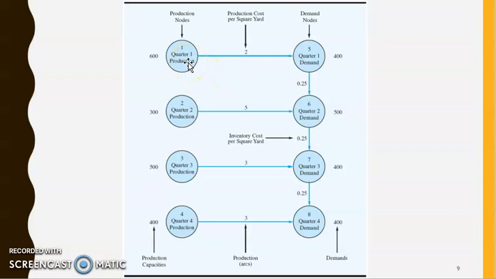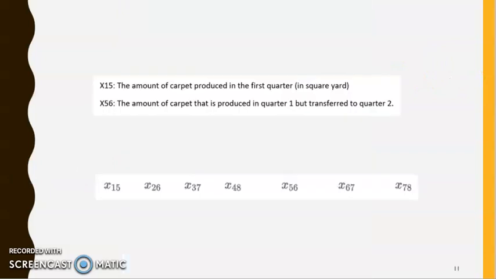You may ask, Milad, how much of it is going for the demand and how much is going for the next quarter? We control these things by X56. As you can see here, X56 is the amount of carpet that is produced in quarter 1 but transferred to quarter 2.